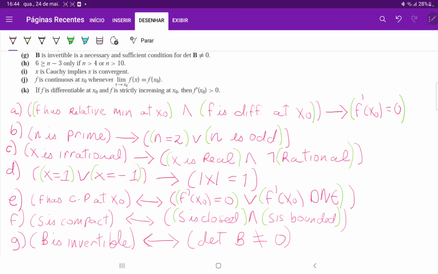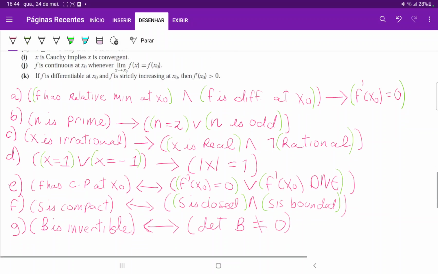So this one's pretty straightforward. It's just about the interpretation of the necessary and sufficient condition.